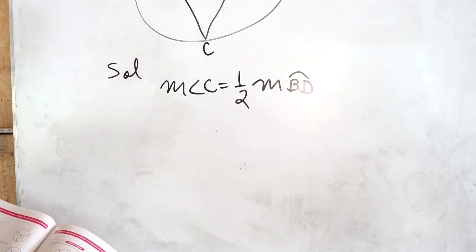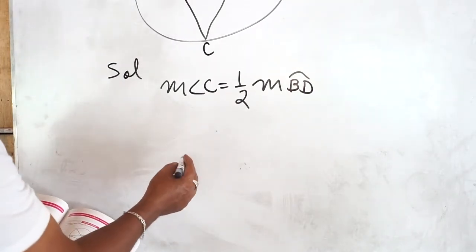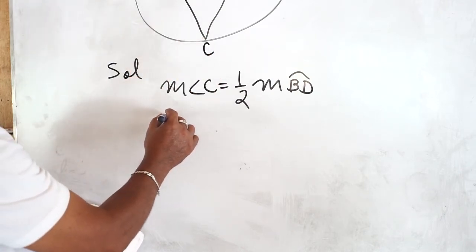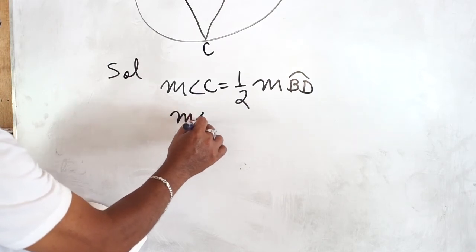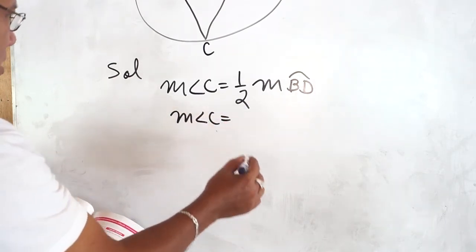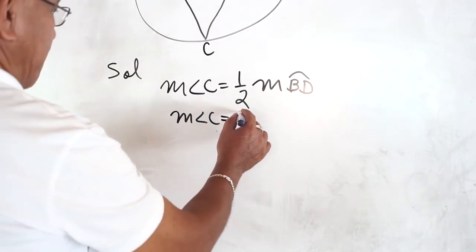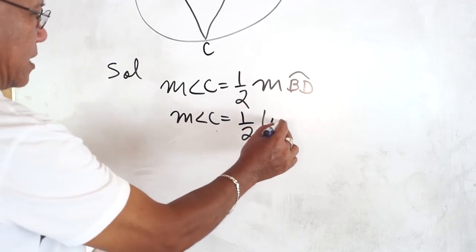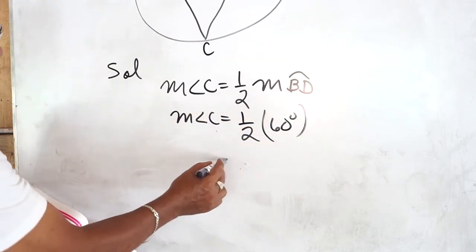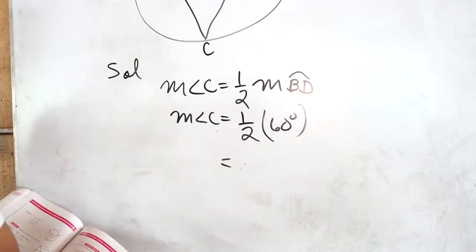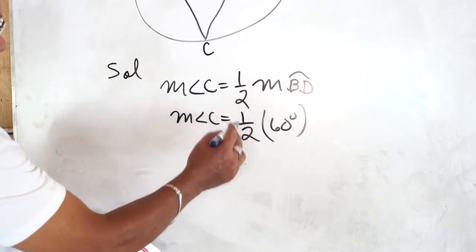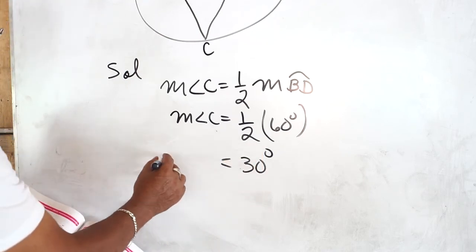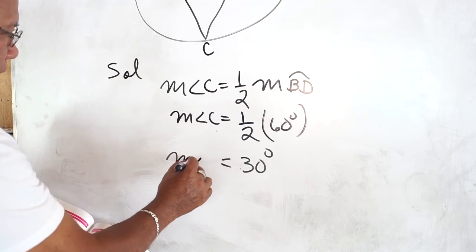So substitute: the measure of angle C is equal to 1/2 multiplied by 60 degrees. Then simplifying, 1/2 of 60 is equal to 30 degrees. So this is now the measure of angle C.